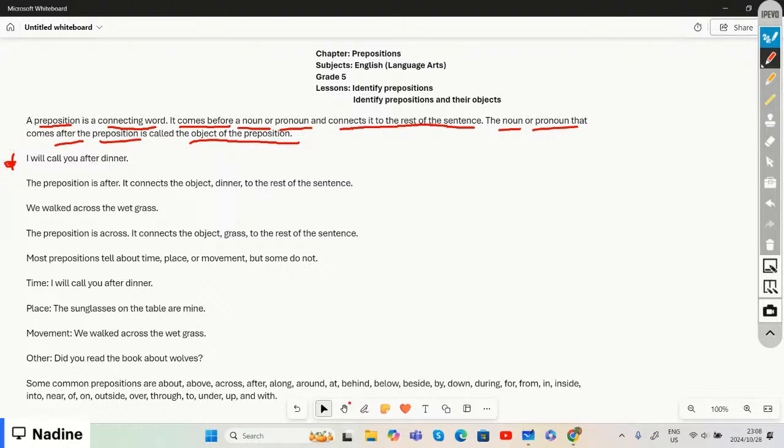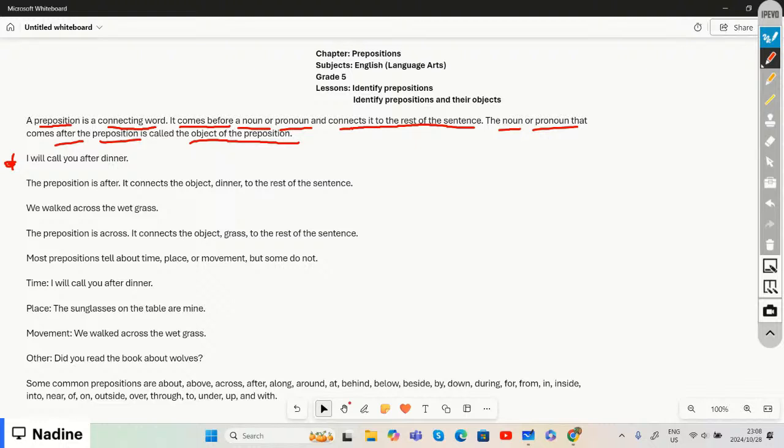I wouldn't really say compound words, but it is basically words that connect. It's not connecting sentences. So prepositions don't connect sentences. It just connects one thing to another thing.